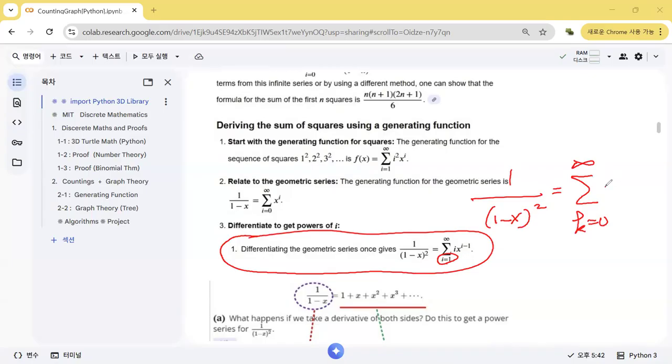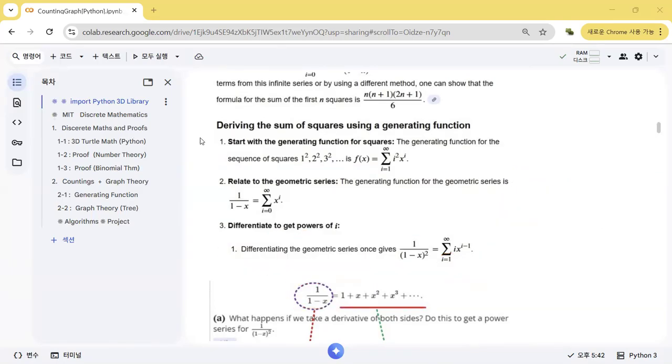Okay, and k x^(k-1). From this one, we prove. So this is almost equal to the previous one.